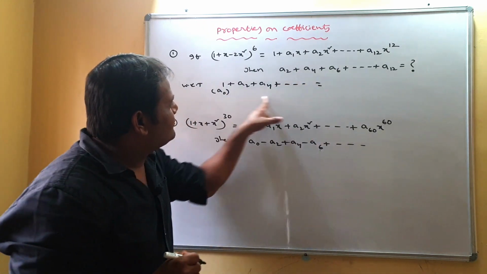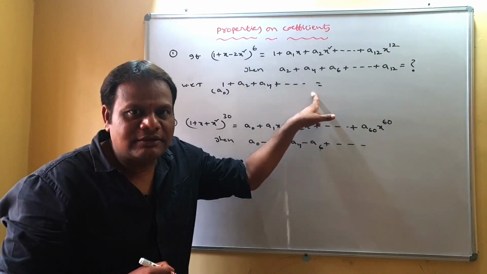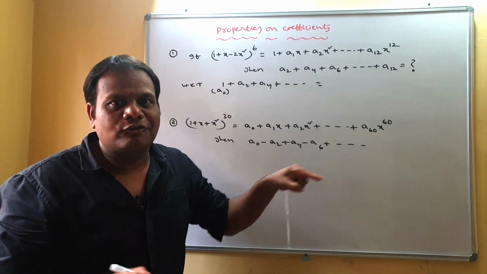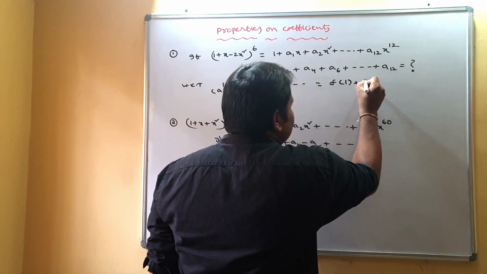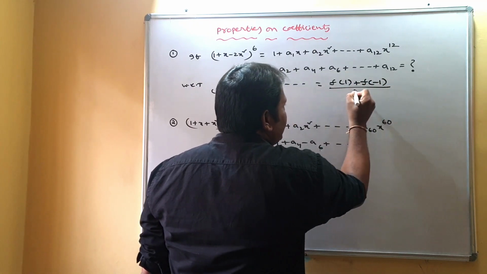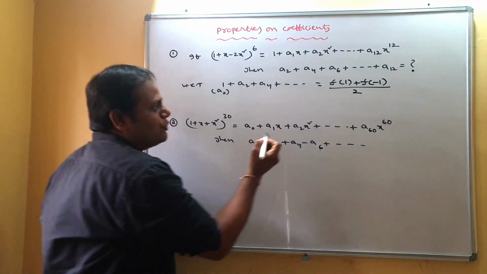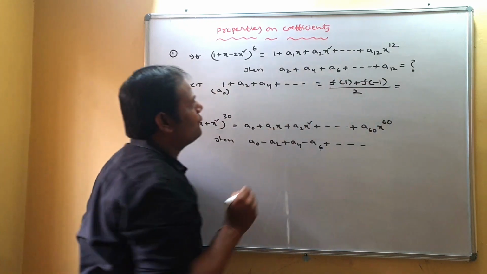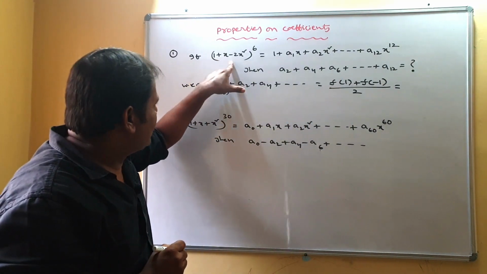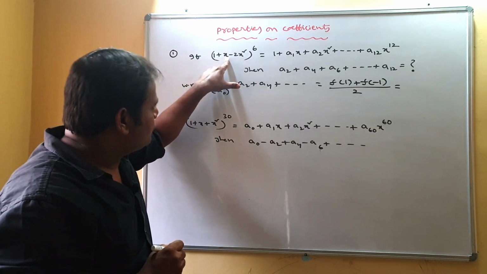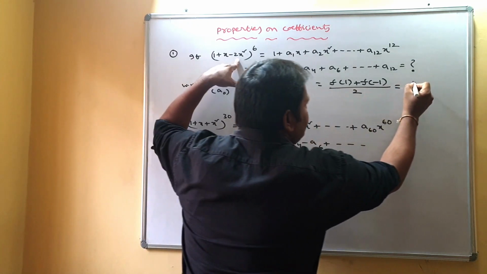So to get the sum of coefficients having even powers of x, what we do? We take f of 1 plus f of minus 1 by 2, is it? So you tell me now, what is f of 1? It is f of x here, right? F of 1: 1 plus 1, 2 minus 2, it is 0.